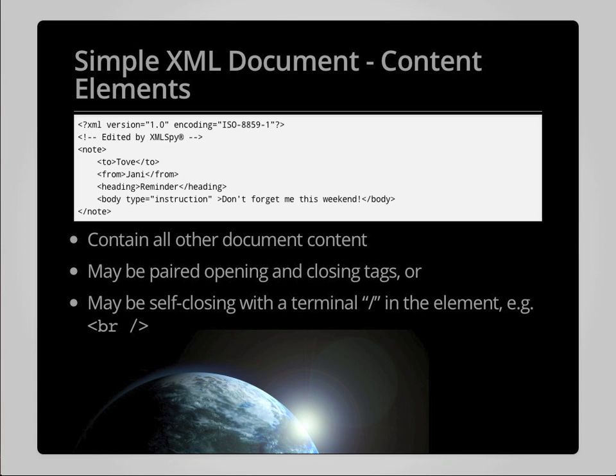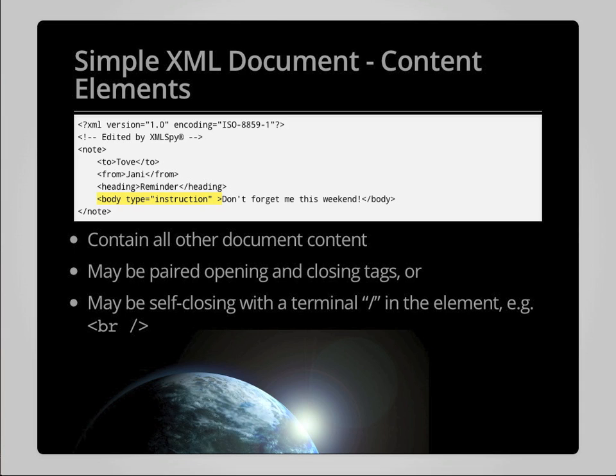So in this sample XML document, we have a number of elements. We have this to element that is paired with its closing tag here. We have this from element with its matching closing tag. We have a heading element here. And we have a body element here. And you'll notice that this body element contains an additional piece of information that we'll talk about in just a minute.